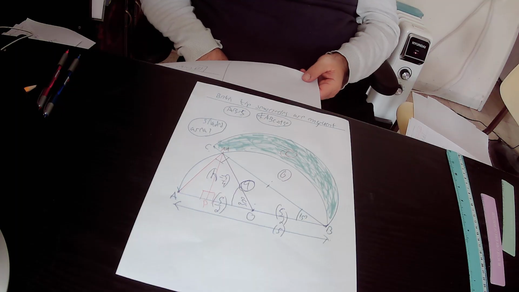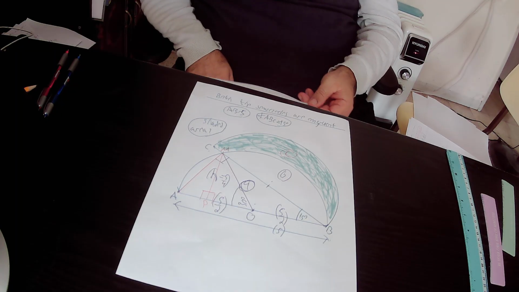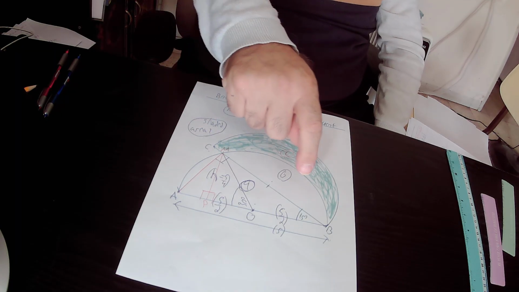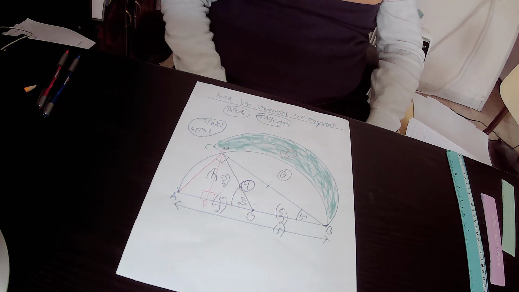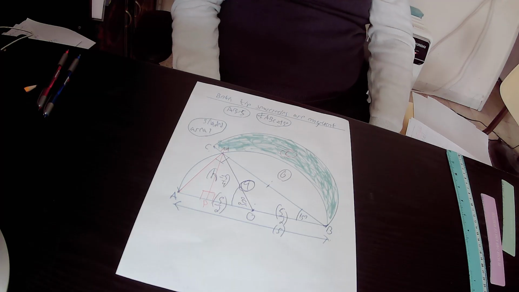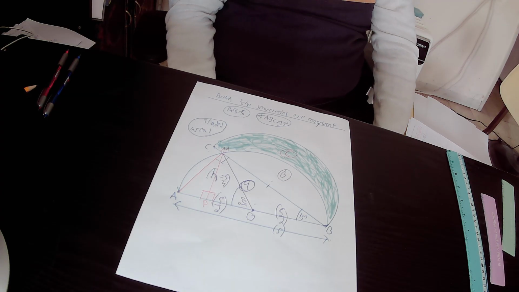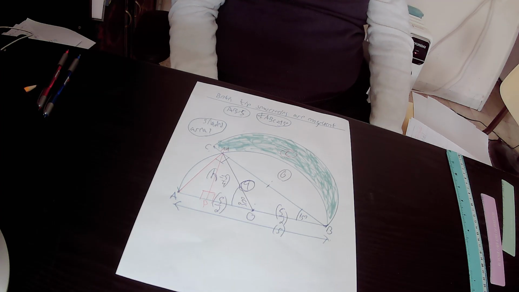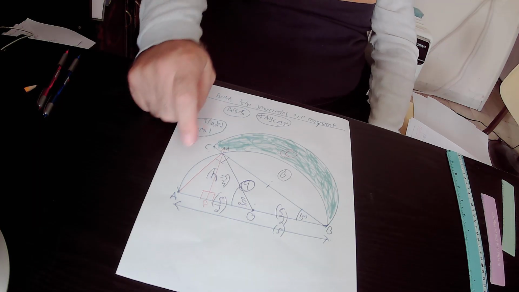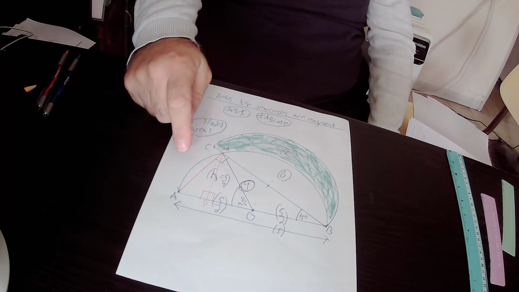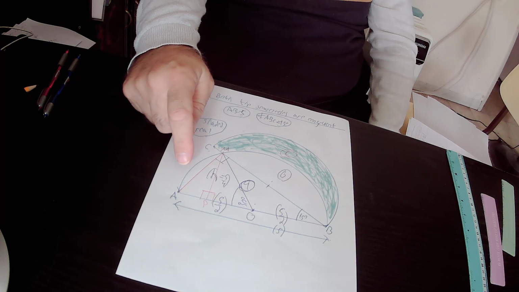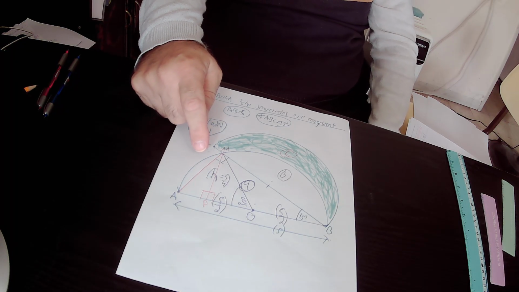In the next step, we focus on this right triangle, triangle AMB. We calculated the area of this triangle by two different methods, and then we made an equation saying that the area of triangle AMB according to the first calculation must be equal to the area of the same triangle according to the second calculation.